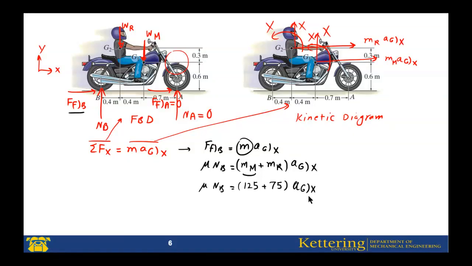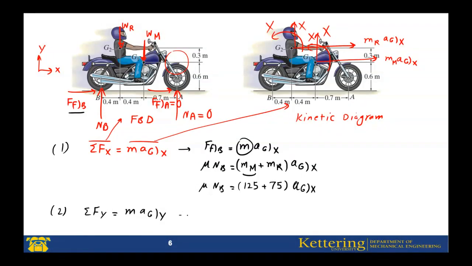We need more equations. The second equation is summation of the forces along the Y equals M a_Gy. Forces along the Y direction, we have this and this one, and this NA is 0.